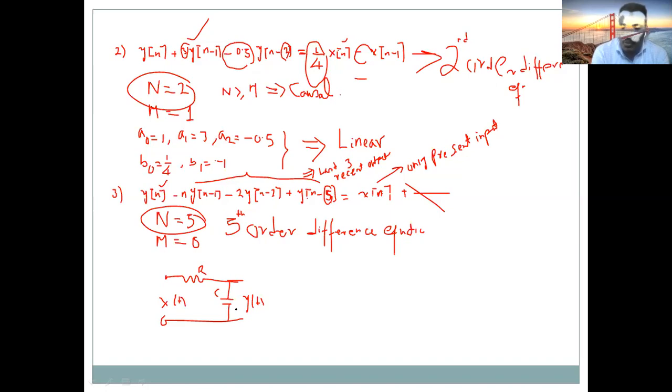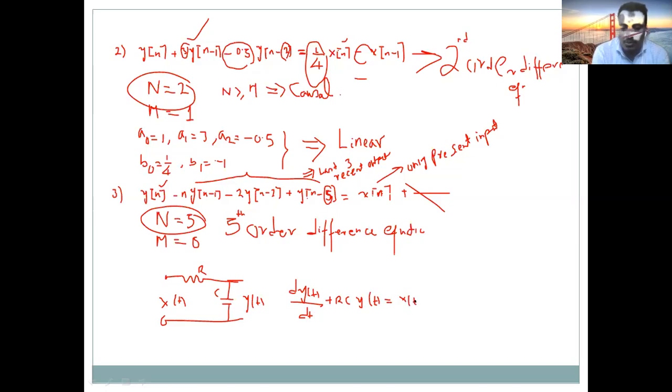So if you see the equation, it is differential, not difference in this case: dy by dt plus RC y of t is equal to x of t.